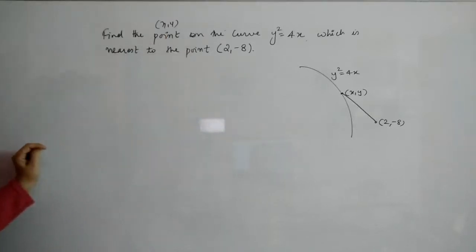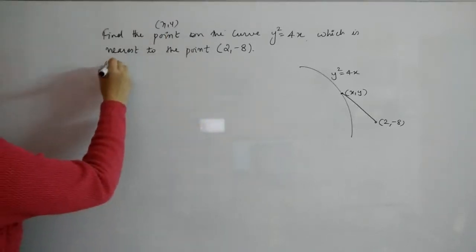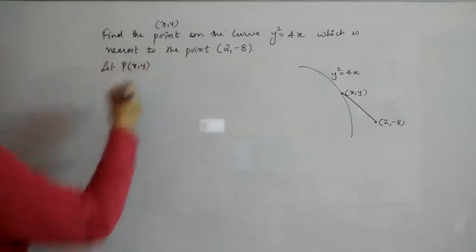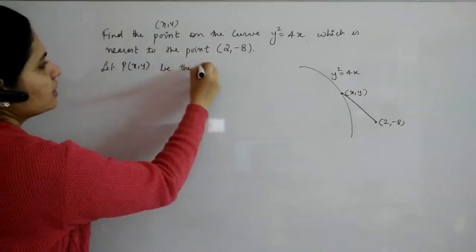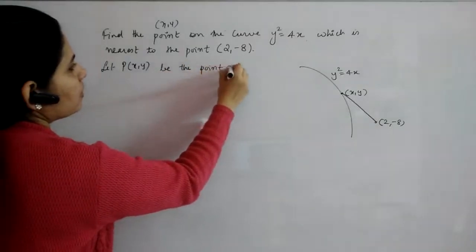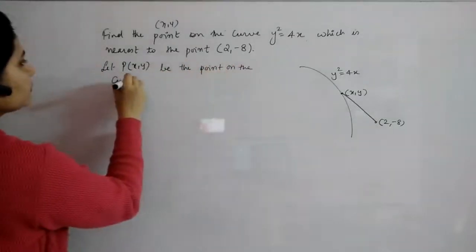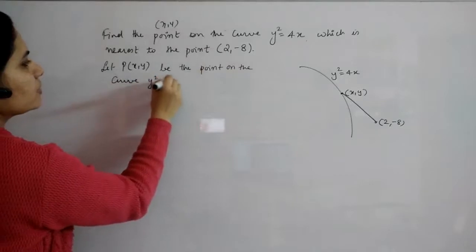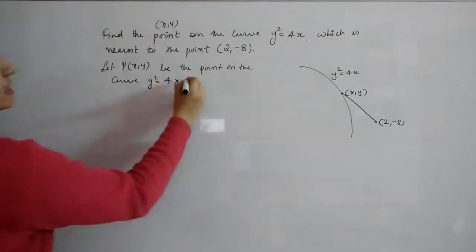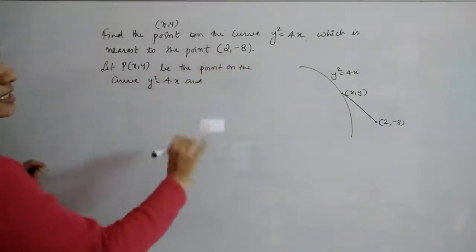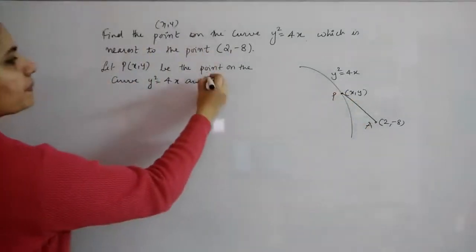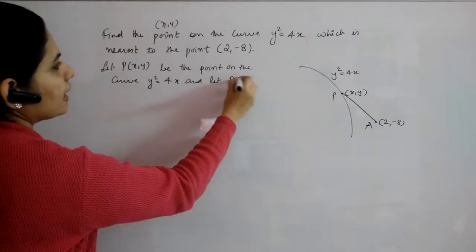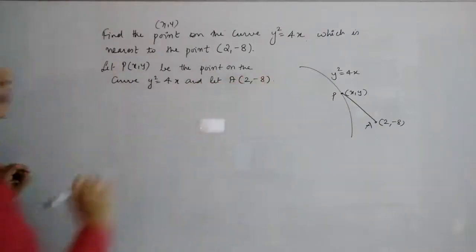So let P of x comma y be the point on the curve y square equal to 4x, and taken as any point so that we can write the distance as AP or PA, and A is 2 comma minus 8.